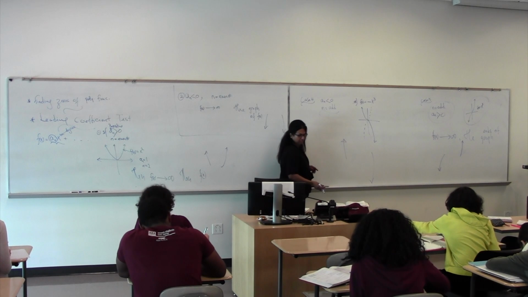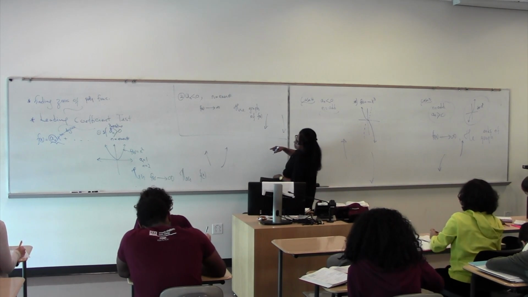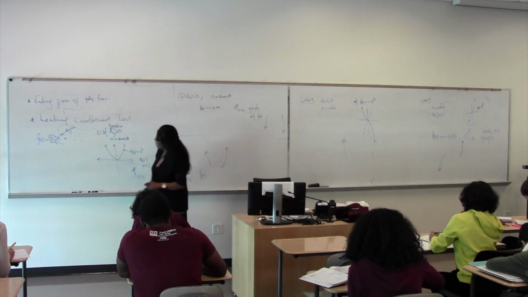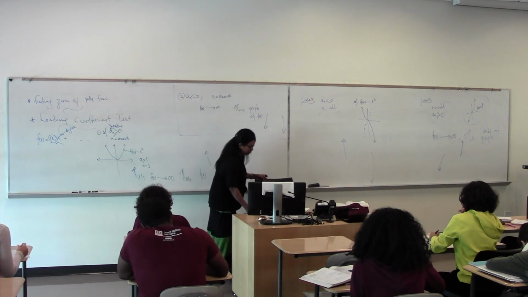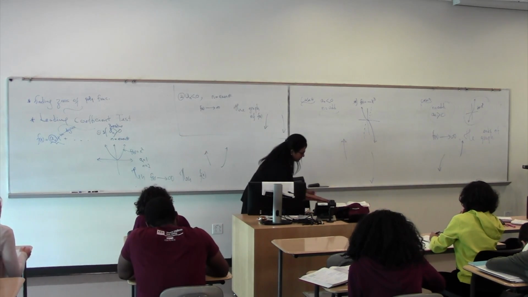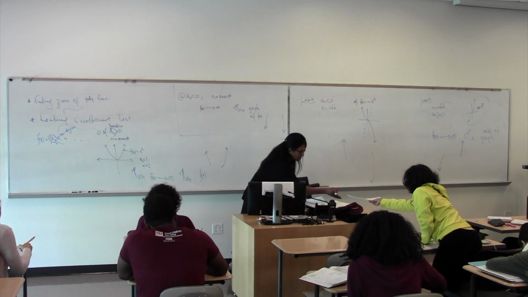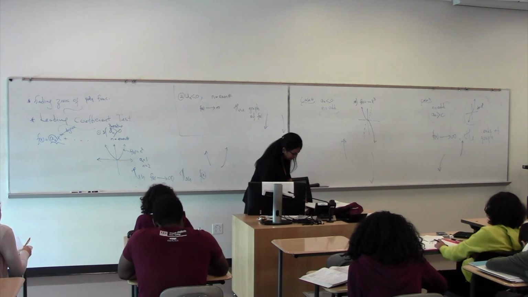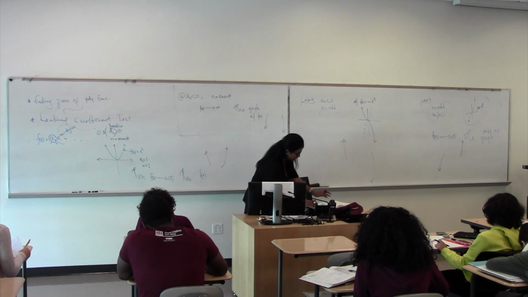Okay, this is on page 272. I did write the page there, did I? Page 272. Okay guys, so we covered that. So applying the leading coefficient test, I will do that.